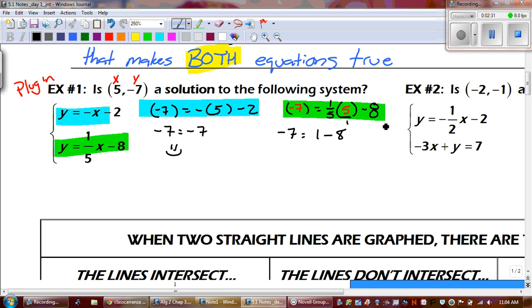And then 1 minus 8, if you need to do the click, are they same or different? They're different. Do you have more positives or negatives? Negatives. And the negatives win by 7. So we know that they both work. So is it a solution? Yes, it is.